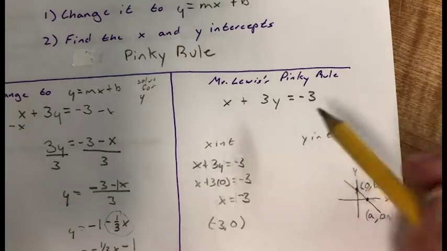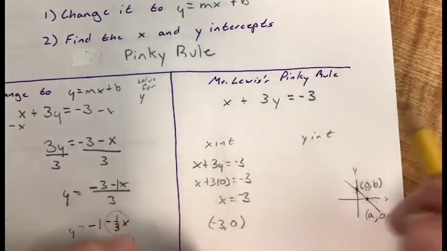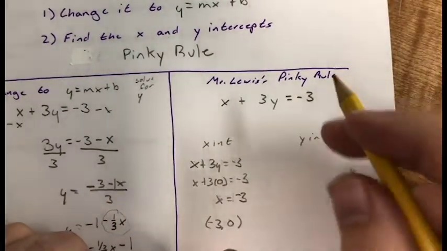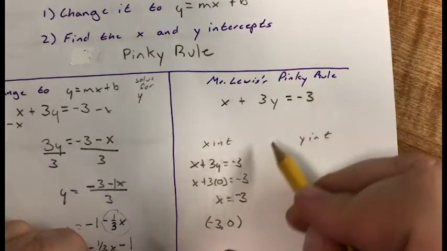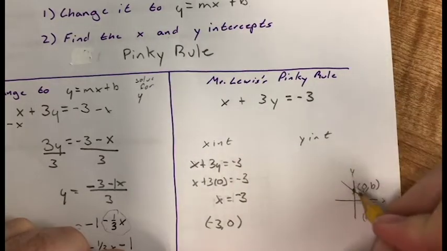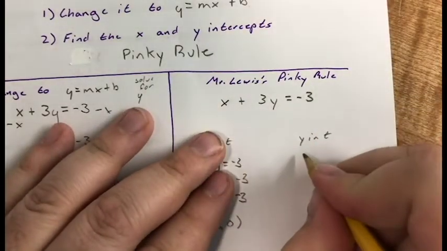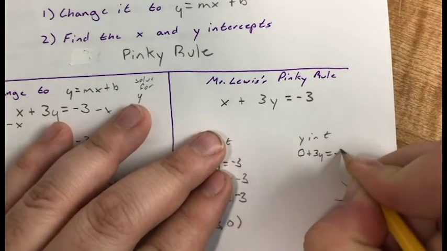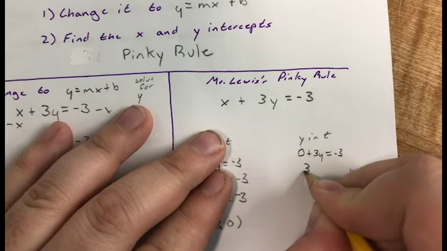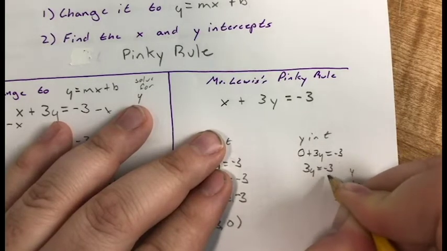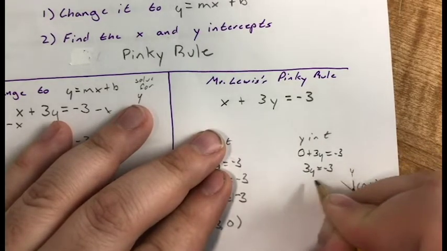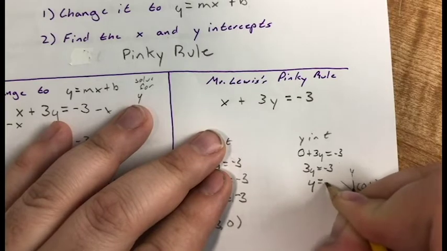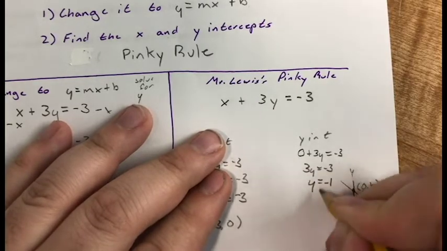Now I can do the same thing with my y-intercept, but this time, instead of putting 0 in the place of y, I'm putting 0 in the place of x. And when I do, I get 0 plus 3y equals negative 3, and I get 3y equals negative 3. And then when I divide by 3 on both sides, I get y is equal to negative 1. So what did I discover?